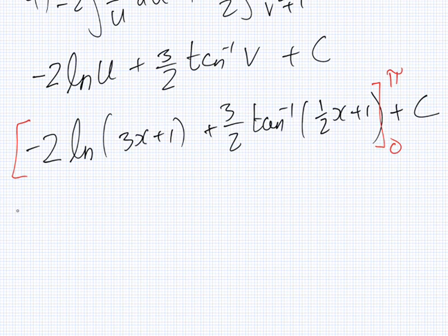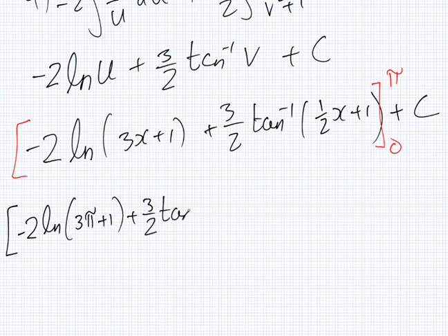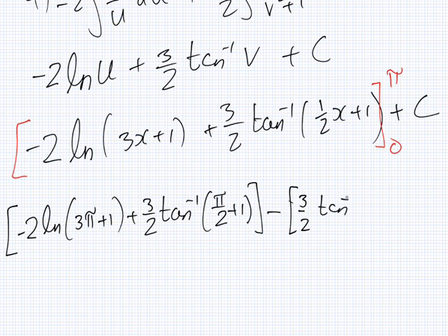So I put in pi first, minus 2 log 3 pi plus 1 plus 3 over 2 tan inverse pi over 2 plus 1. And then I put in 0, which is minus, well actually this will be log 1, which is gone. So it'll just be 3 over 2 tan inverse 1. Now I can't do anything with this here.